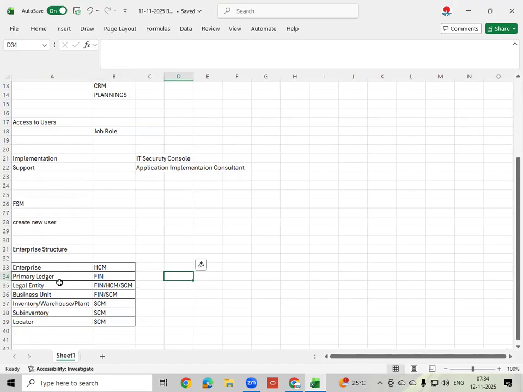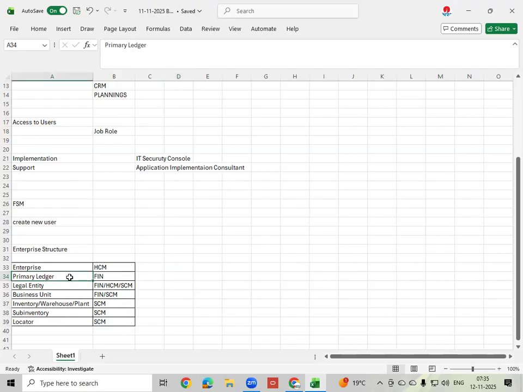Okay. And in between, they will maintain division also. Okay, division will be defined, but division will not be assigned directly to these levels. That will be maintained separately in human capital management, division. Okay, you need not think much about it. But how will this link to the enterprise structure?